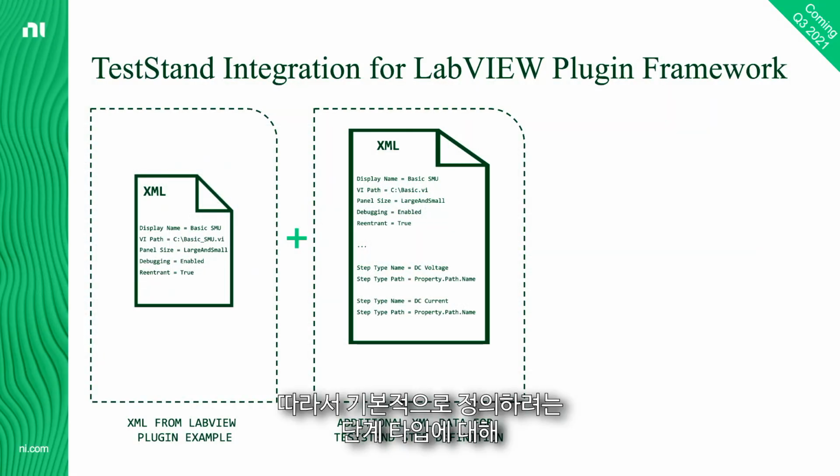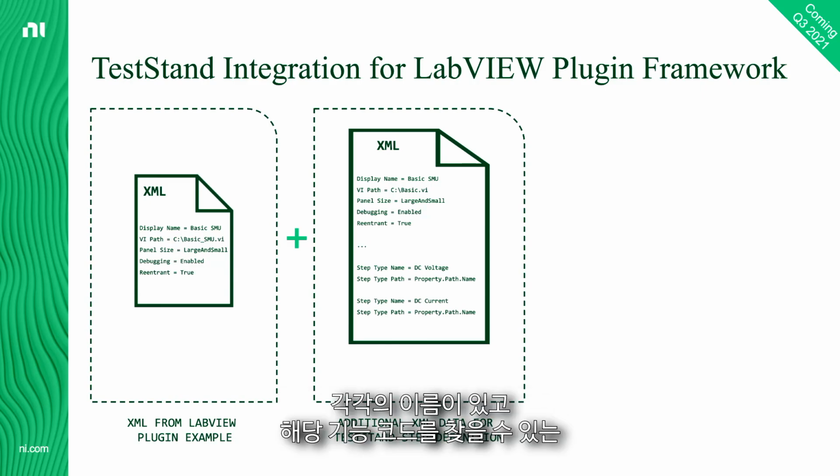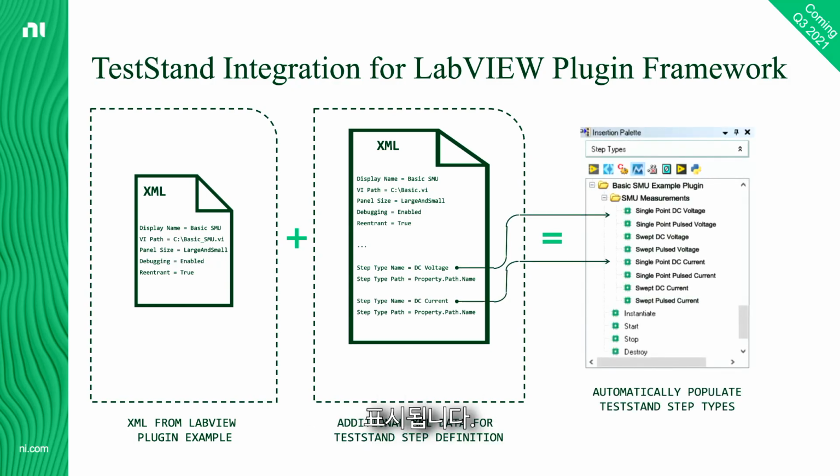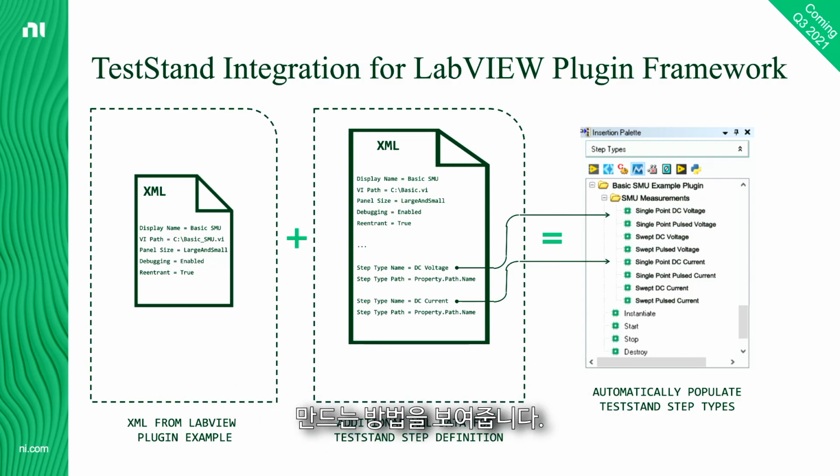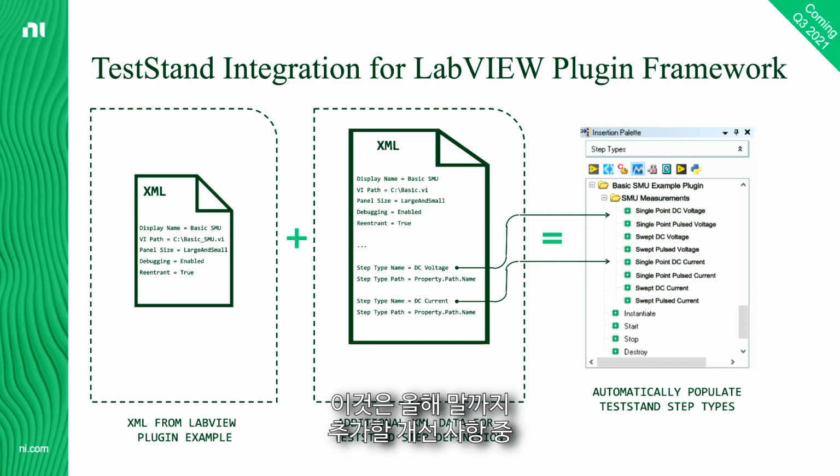So essentially, for each step type that you want to define, you'll have a name of the step type, you'll have a file path for where to find that functional code, and then ultimately that will show up in your TestStand project. And you could use the configuration file in a programming language directly as well. This TestStand workflow shows how you could create a zero code workflow for the end user. So this is one of the enhancements that we're going to add later this year.